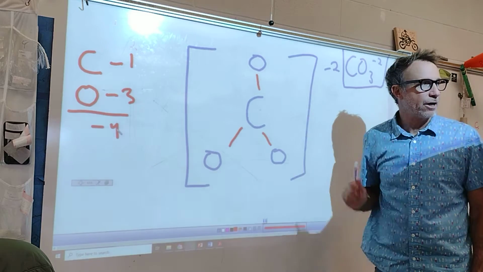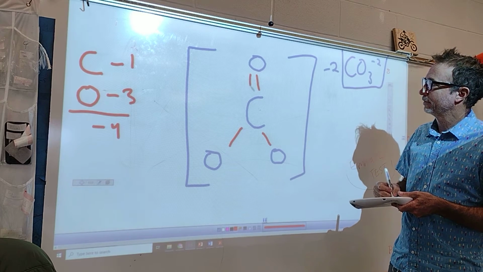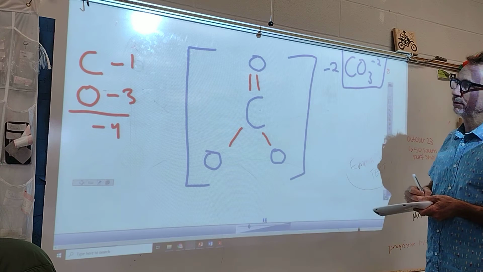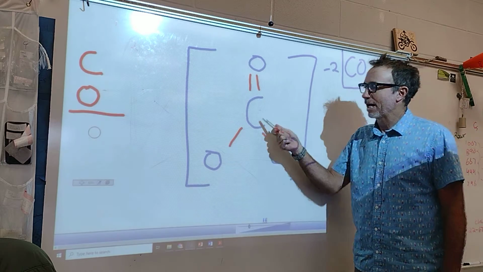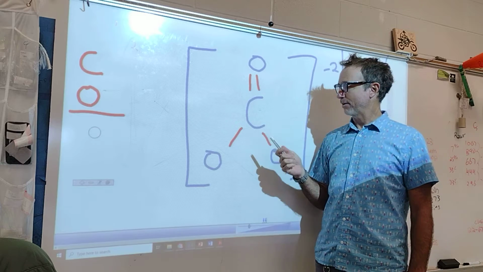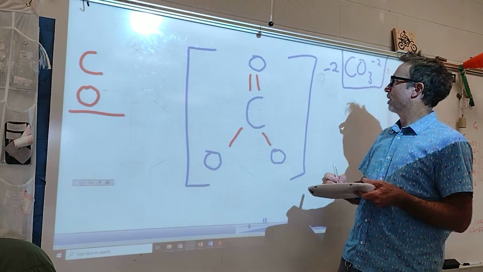So let's add another line. What if I put a double line right here? Now we'll start our math over again. Okay? Let's look at carbon. How many lines does carbon want to have? 4. Now it's got 1, 2, 3, 4. Carbon is even. Carbon is happy.